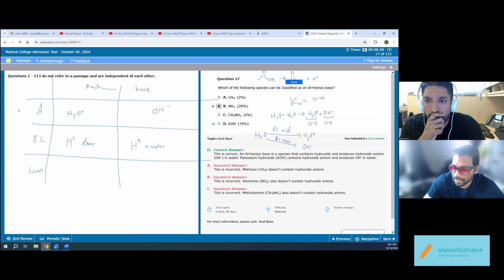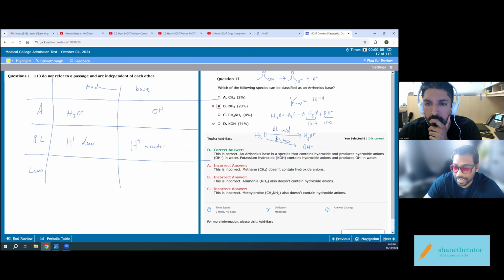Are you familiar with that reaction? Yes, this is the carboxylic acid. So it's going to behave as a Bronsted-Lowry acid, so it's going to donate a proton. It deprotonated, right?